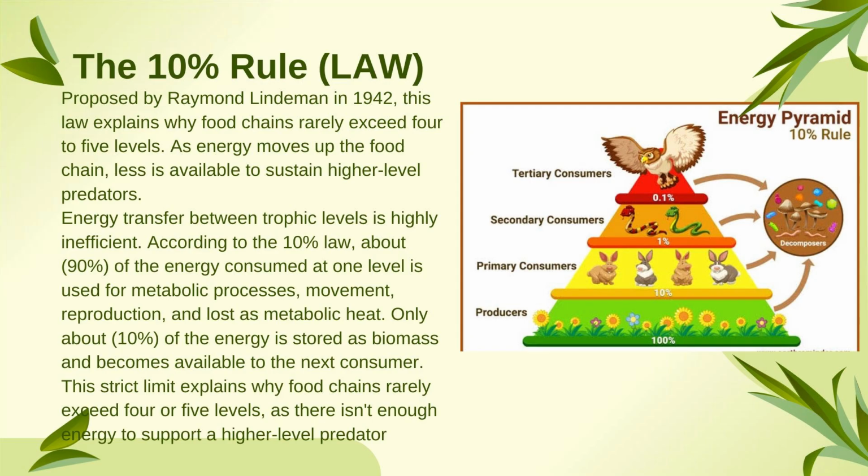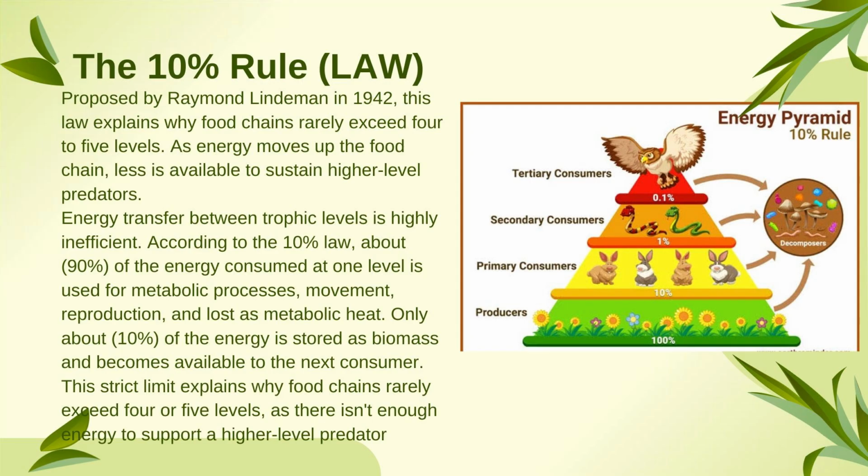As the energy moves up the food chain, less energy is available to sustain higher level predators. That means the producers will be more, the primary consumers will be a little less, then secondary consumers will be much lesser, then the final apex or the tertiary consumers will be very few in comparison.